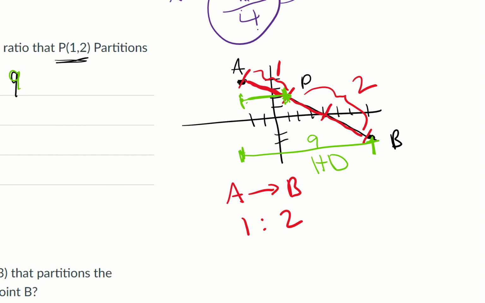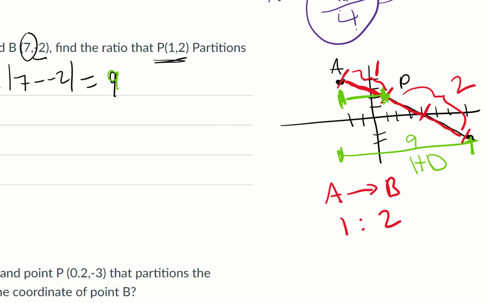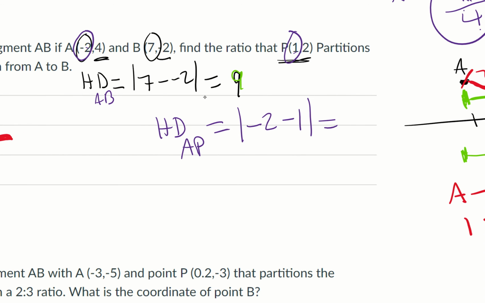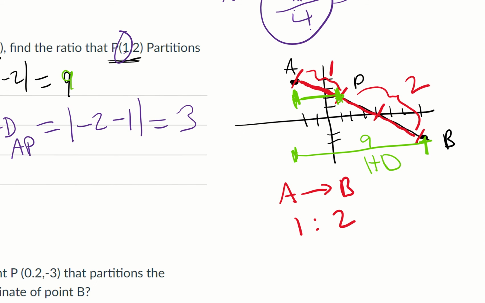We just subtract the x coordinates for A and P. This is the horizontal distance from A to B. Now let's do the horizontal distance from A to P, and I'll just put that there so we know it's from A to P. So it's going to be the absolute value of -2 minus 1. I'm using those coordinates I circled in purple. And that's going to give us 3. So the distance here is 3.